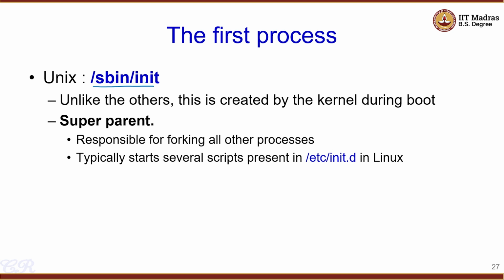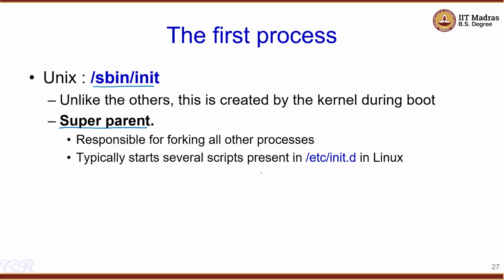This process, unlike all the other processes that are created in your system, would be created by the operating system itself, by the kernel during the boot up time. So this is like a super parent, and its main job is to essentially fork other processes, create other processes, start up several other scripts and other services that are actually running in your operating system, right?